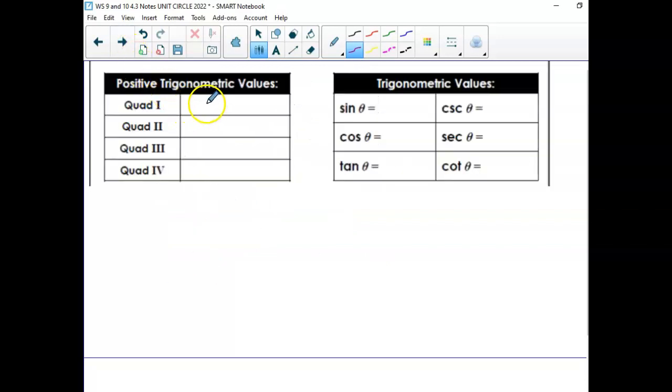Okay, positive trig values. All students take calculus. This would mean also then cosecant, cotangent, and secant. Okay, and this is just to help you, again, sine is what?